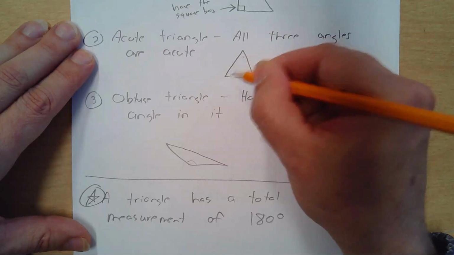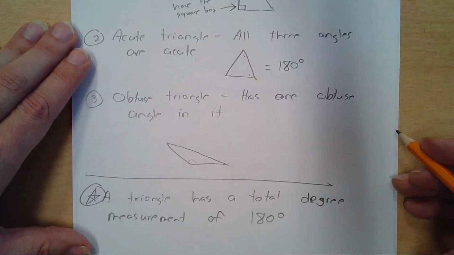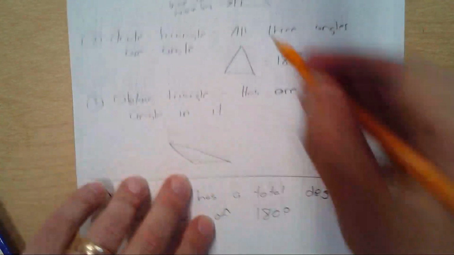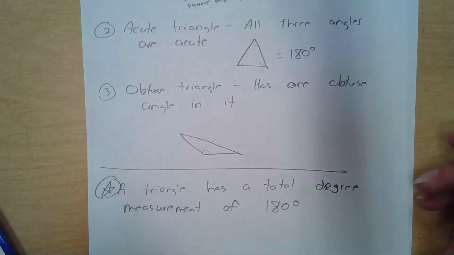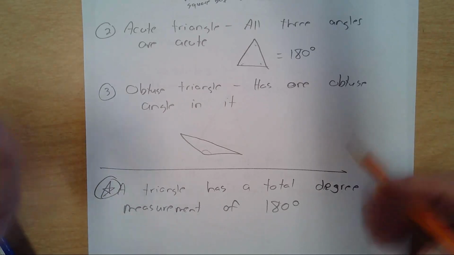This angle plus this angle plus this angle equals 180 degrees. Doesn't matter what the angles are, if it's obtuse, right, whatever, the sum of those three angles will always total 180 degrees. Always, always, always.